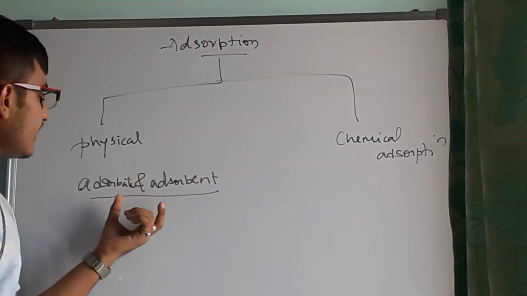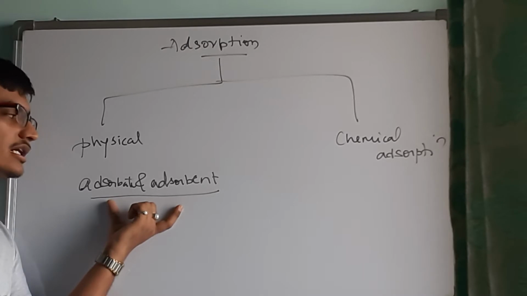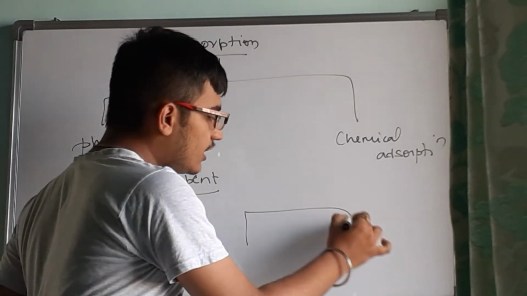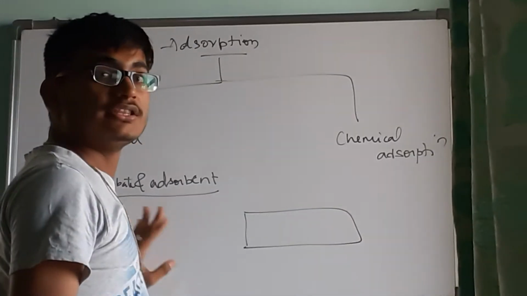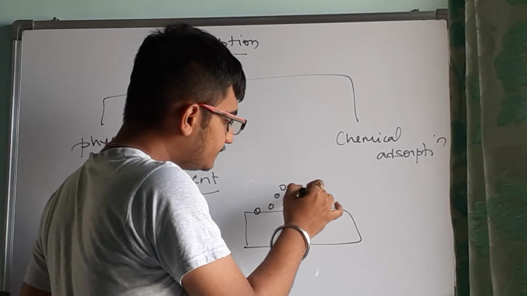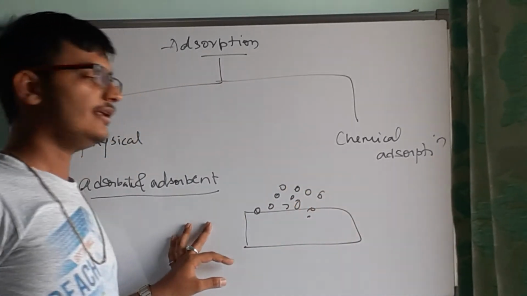The forces of attraction between the adsorbate and adsorbent is very important, because if you consider a solid particle, on that you will have solute particles which get settled, right?